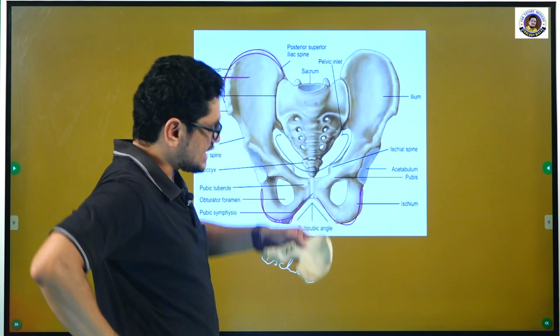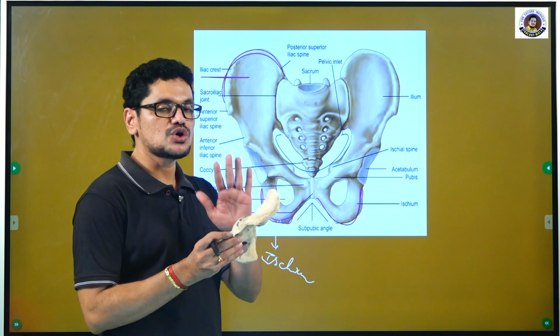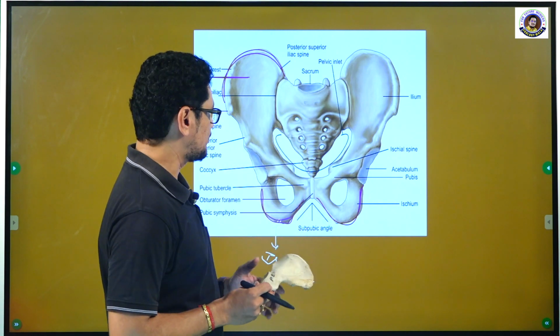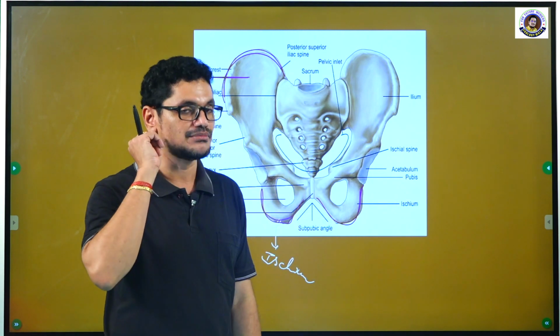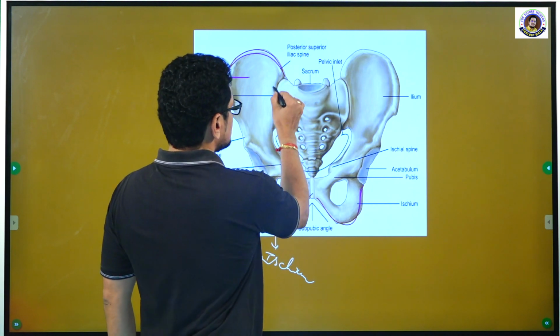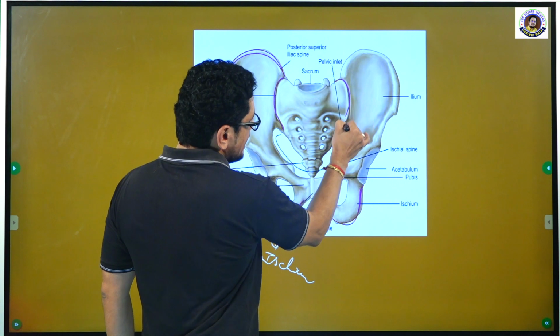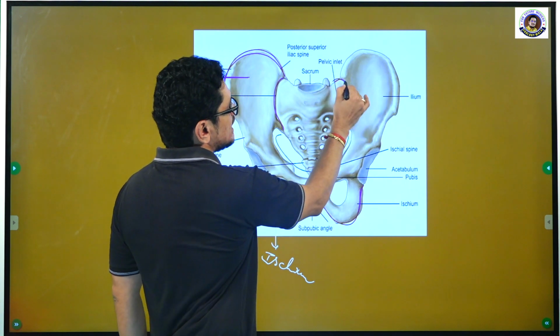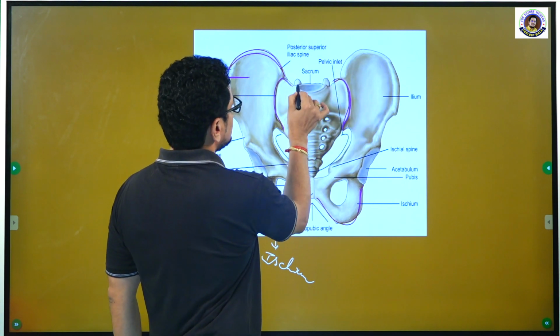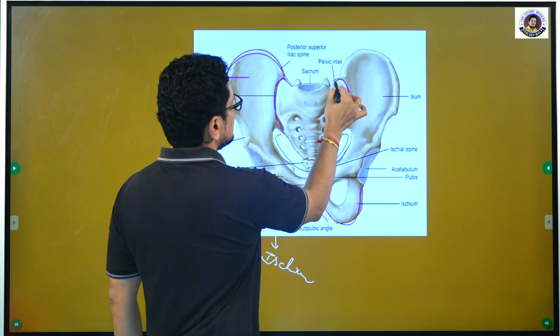This is the ilium, and the ilium will go and articulate with the sacrum. I think I have shown you the sacrum in the previous episodes. So this is the sacrum region, and the ilium articulates with the sacrum forming the iliosacral joint.